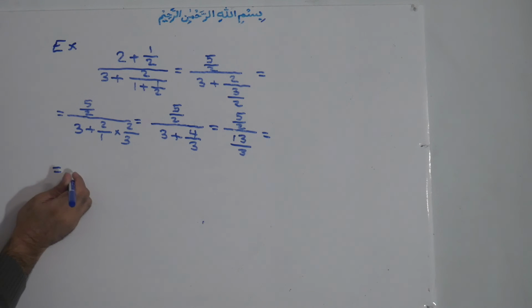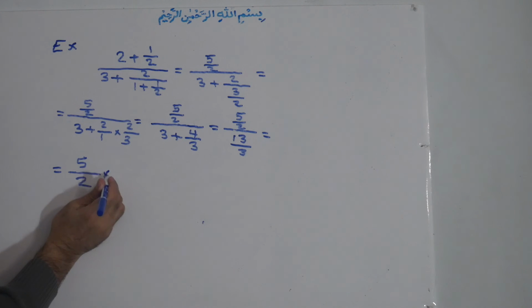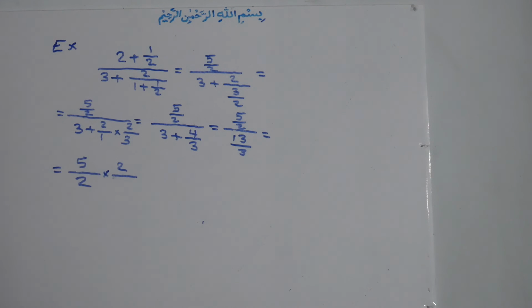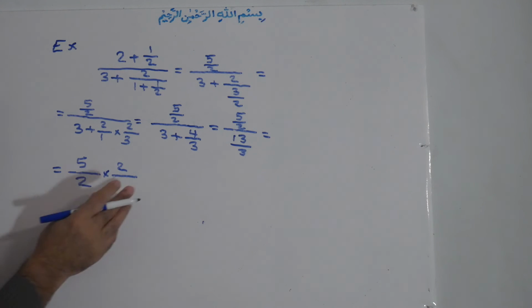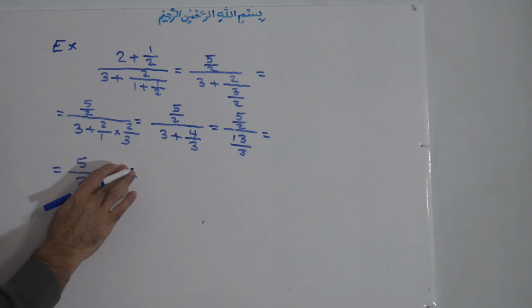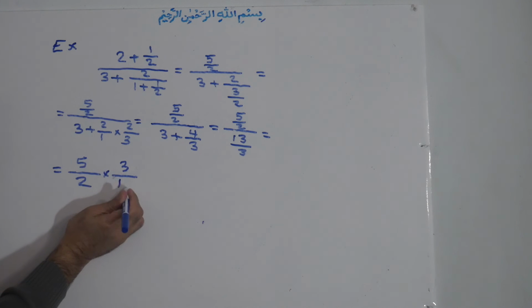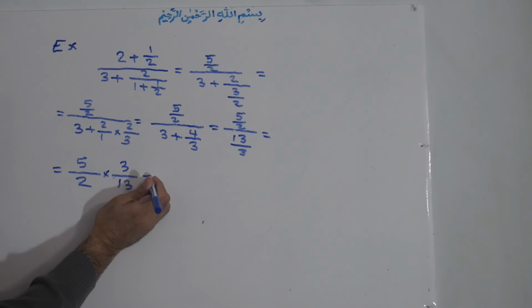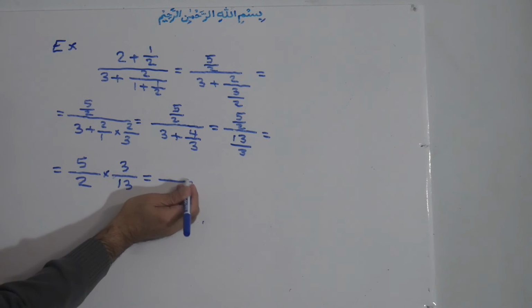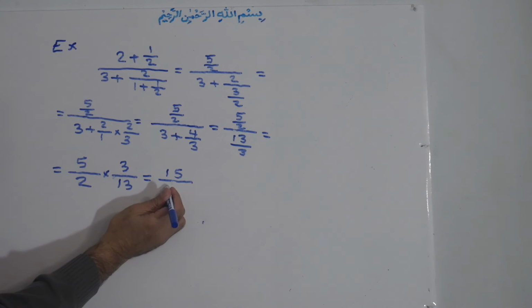It's equal to 5 over 2 times 2 times 3 over 13. That's equal to 5 times 3 is 15 over 26.